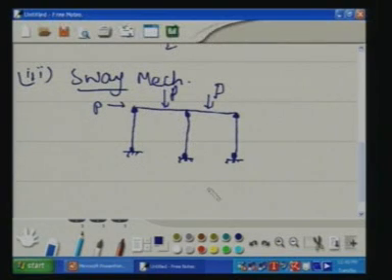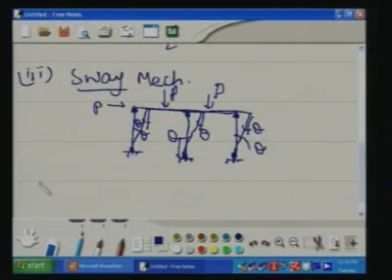So, in this case external virtual work done will be equal to, say, if it rotates by theta angle, the shape of the structure will be like this, and this is angle theta, again this is also angle theta, all the angles will be theta here in this case.